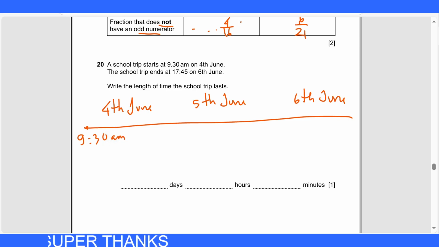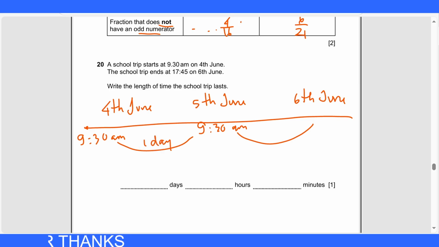One day later is the same time the next day, and another day later is the same time, 9:30 on 6th June. Then it ended at 17:45.